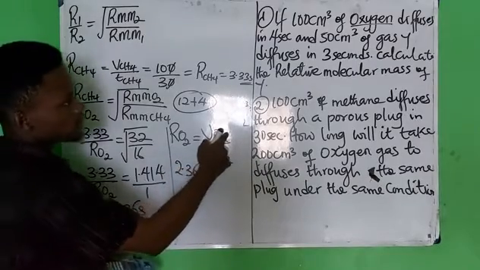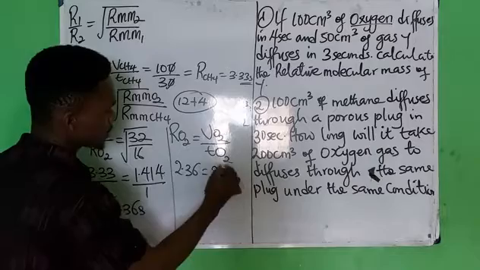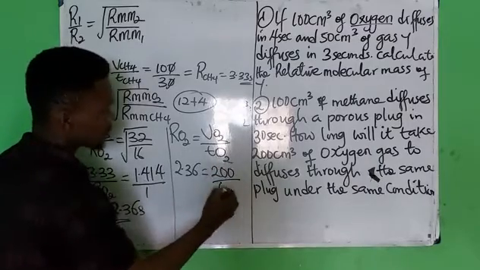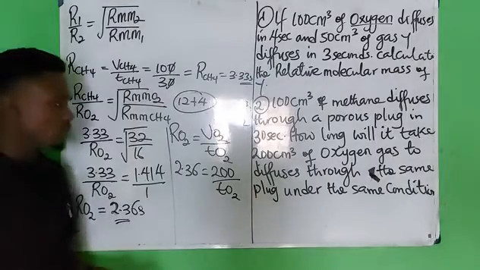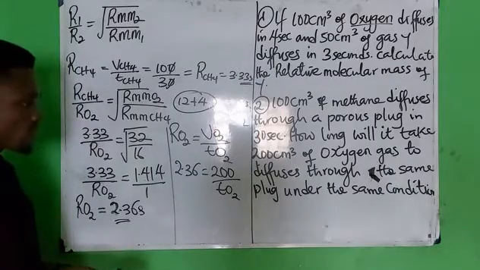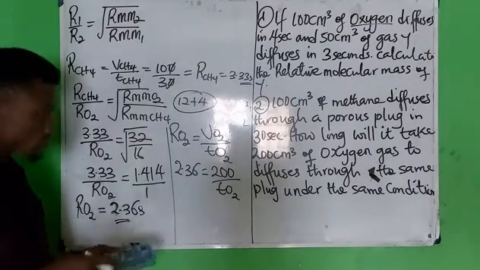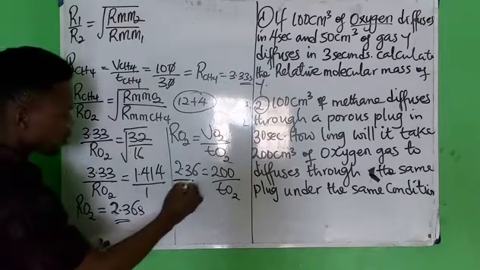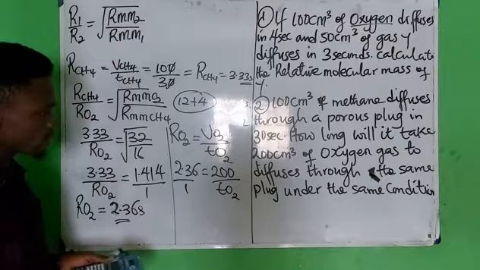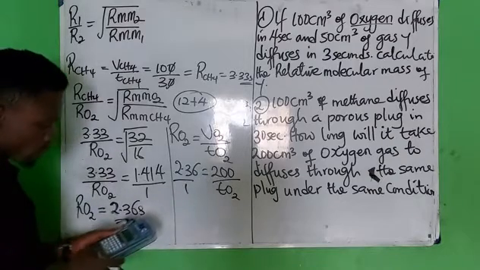Volume of oxygen given is 200 cm cube. We are looking for the time of oxygen.